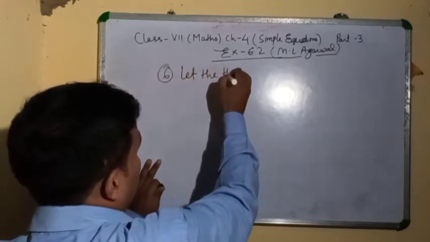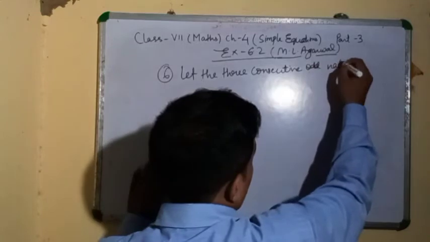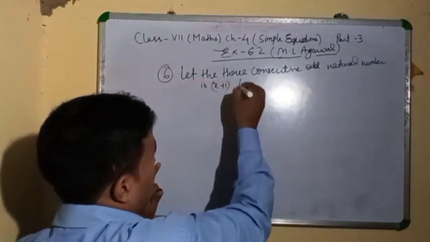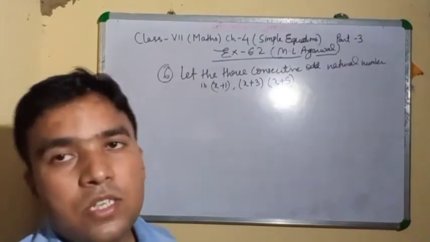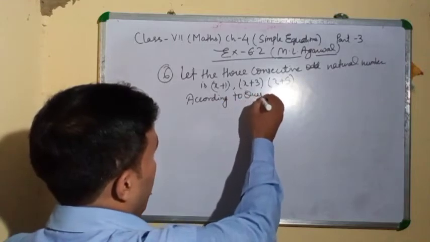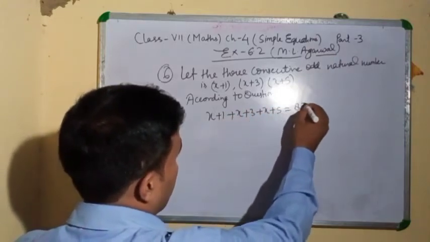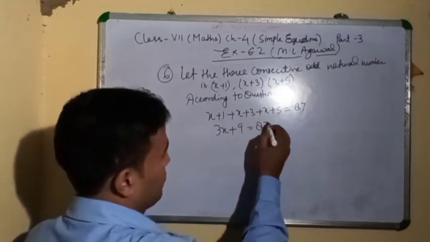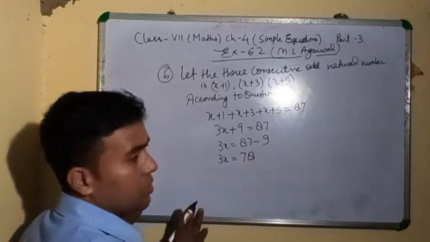Let the 3 consecutive odd natural numbers be x plus 1, x plus 3, x plus 5, whose sum means according to question, x plus 1 plus x plus 3 plus x plus 5 equal to 87. 3x, 1 plus 3 is 4, plus 5, 9, then 3x equal to 87 minus 9 equal to 78.